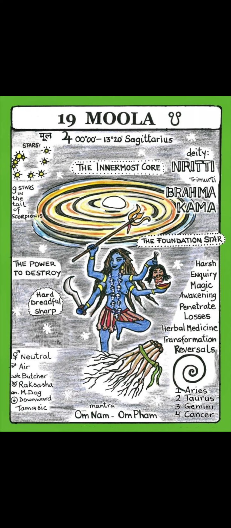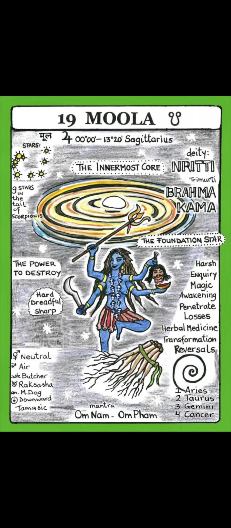And this nakshatra owns the piece of sky residing in Sagittarius at 0 degrees to 13 degrees, 20 minutes. So as I said earlier, each nakshatra owns 13 degrees.